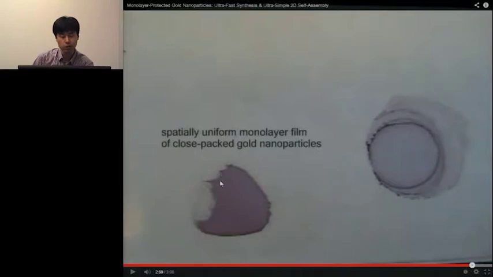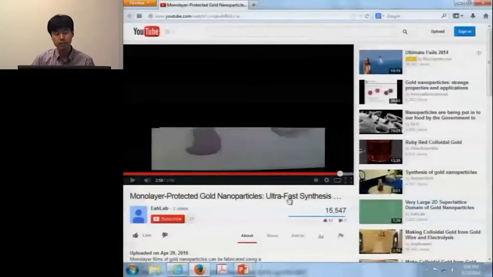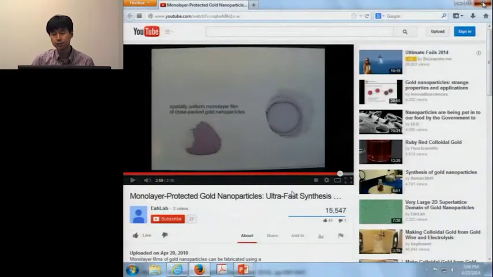Even in the toluene case, the outer side is much darker. Darker means there is more than one monolayer of gold nanoparticles present in the outside of this ring as well.